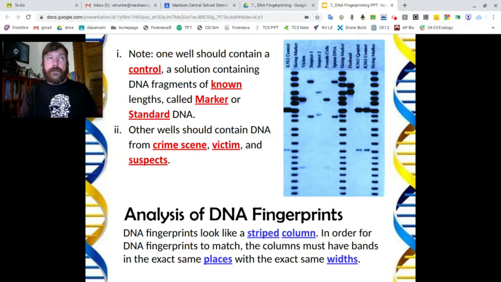You also should run a negative control. That way, what you're looking at on this gel is actually scientifically supported. So then we look at the bands and hope that we find matches in the DNA. If we don't, then this is not really forensically supporting any kind of suspect against, in our case.